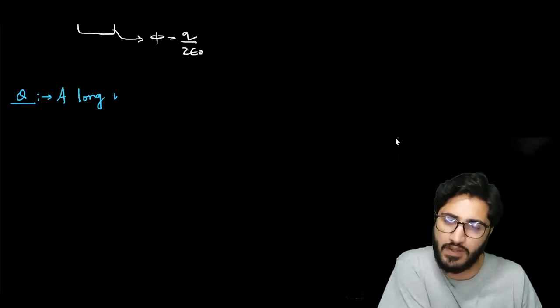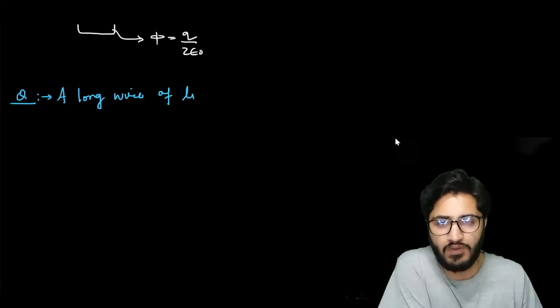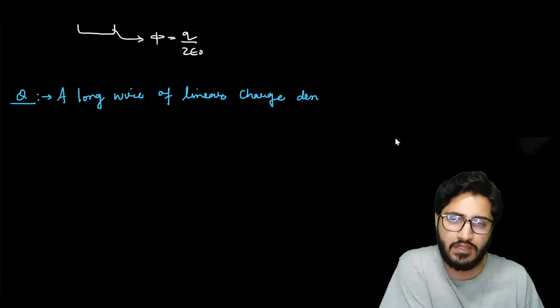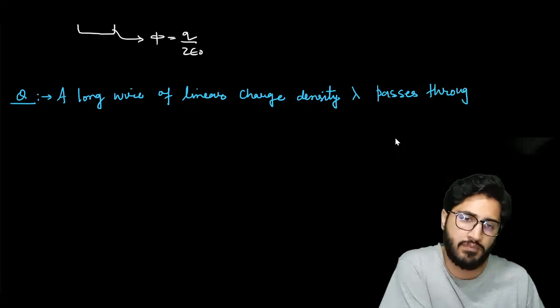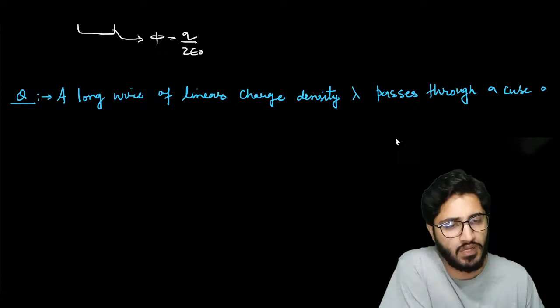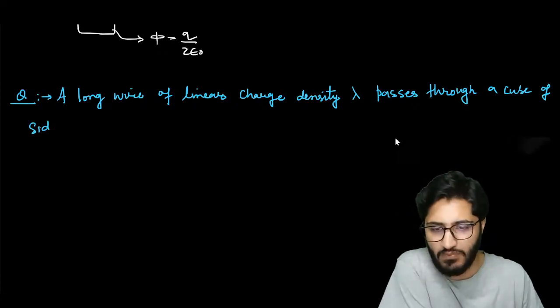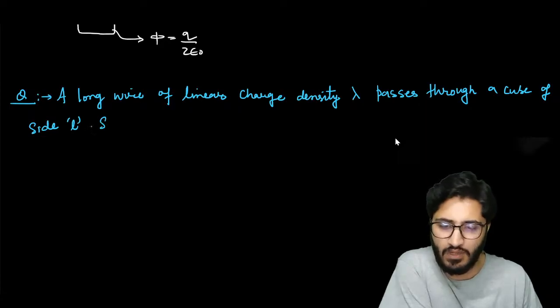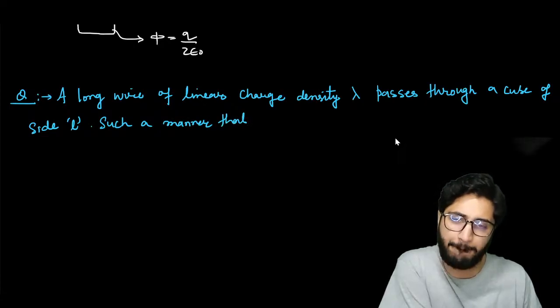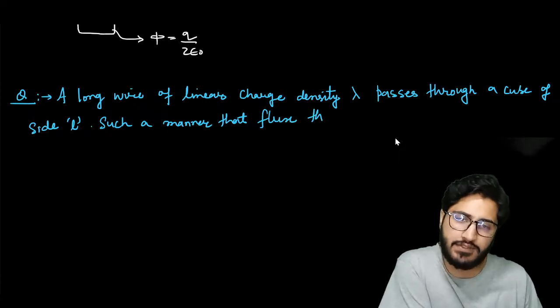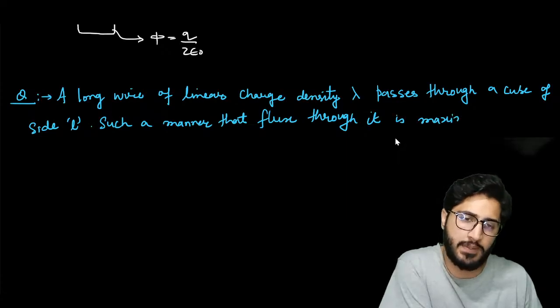A long wire of linear charge density lambda passes through a cube of side L in such a manner that flux through it is maximum.